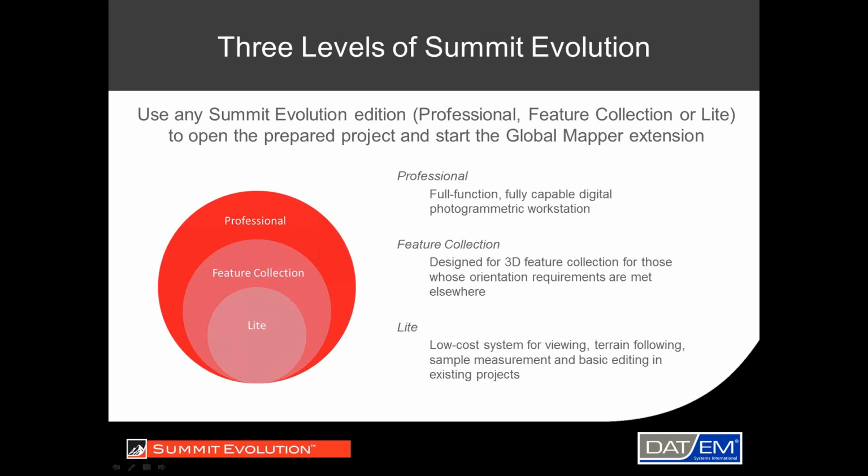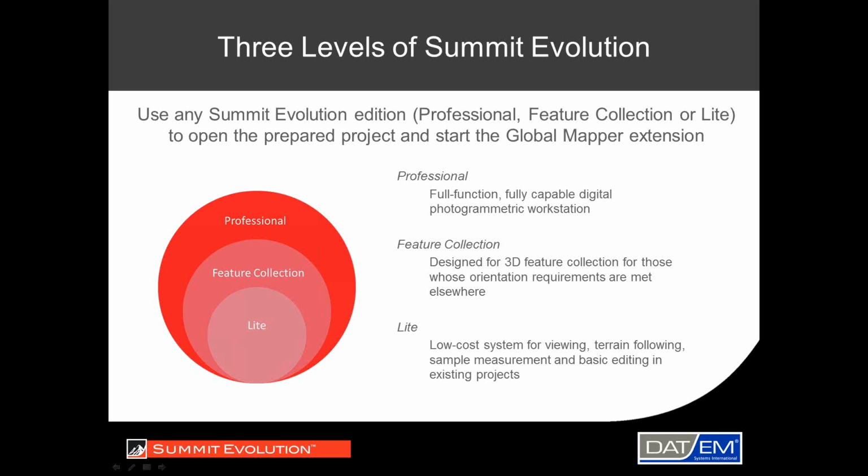Feature collection is in the middle. It would allow you to import projects and read projects that maybe another Summit professional had created earlier, and it allows you to do all the digitizing functions. And then Light is the lowest cost system, but again, all of these are going to be able to connect to Global Mapper.